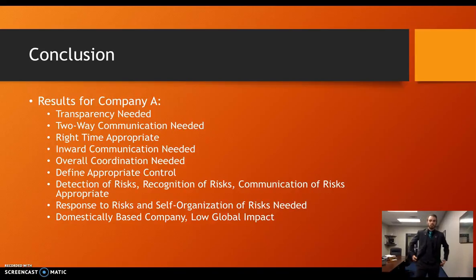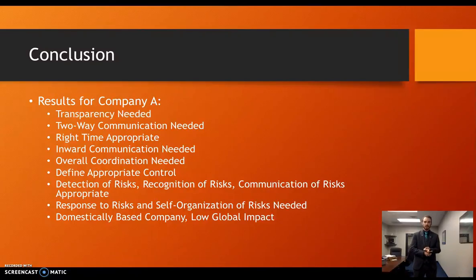Finally, we will go over the results that we obtained from Company A's crisis communication system based on the parameters that we used to measure it. The results were that transparency is needed in the company, because in a recent situation they were not very transparent, and this harmed their reputation a little bit.